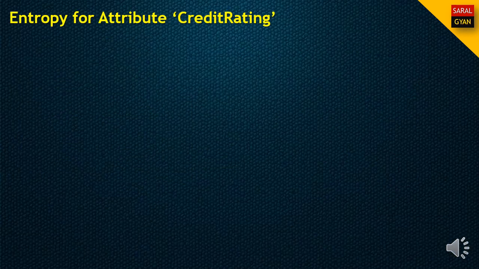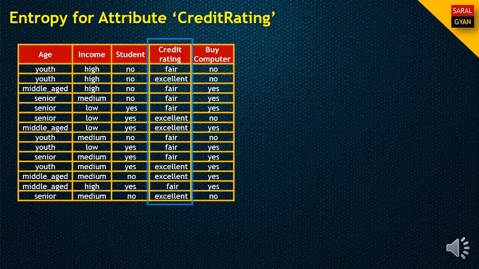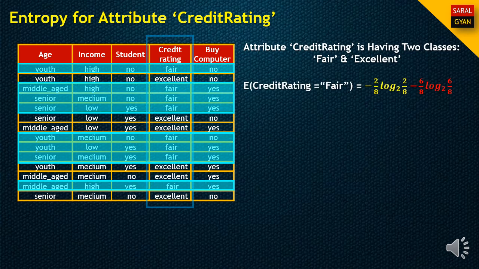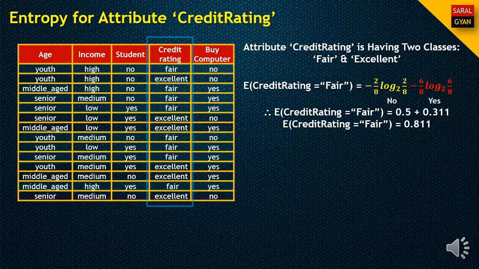Similarly, we can calculate the entropy for our last attribute, that is credit rating. Credit rating has 2 classes, fair and excellent. When credit rating equals fair, there are 2 entries where the label is no, otherwise it is yes. So its entropy is equal to 0.811.